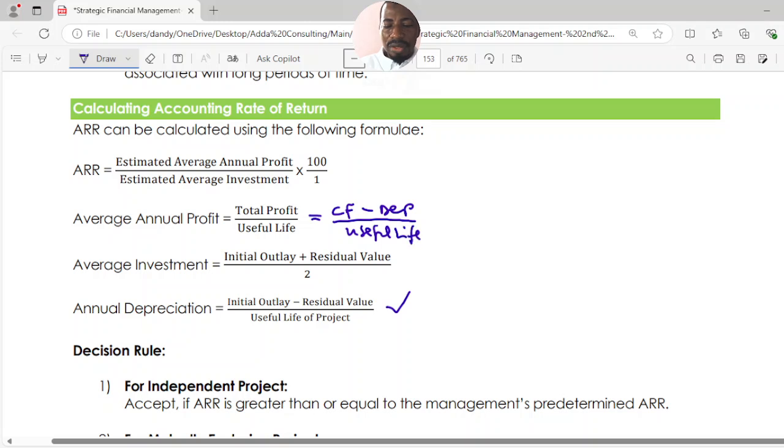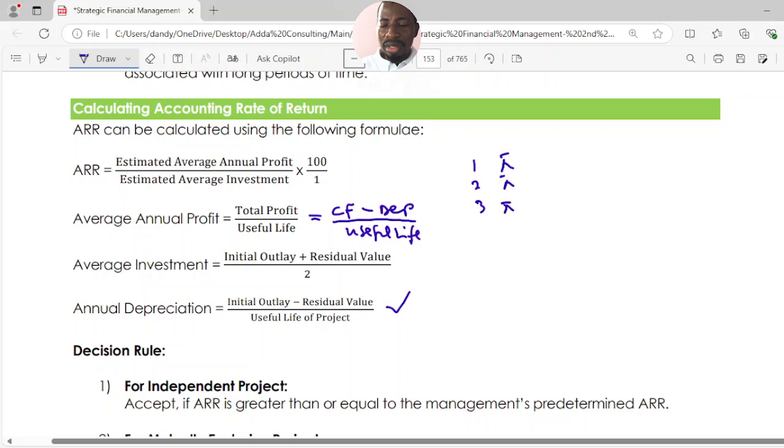okay. So remember I told you that if you are given cash flow, you need to convert it to profit or loss. Therefore, cash flow minus depreciation will give you profit. So you add up all the profit for each year. Say, for example, the project has 3 years life. Year 1, year 2, year 3. Profit of project year 1, profit of year 2, profit of year 3.